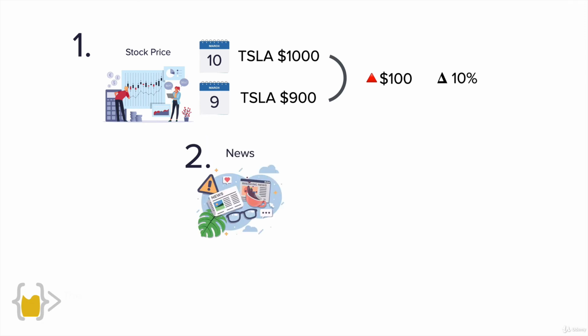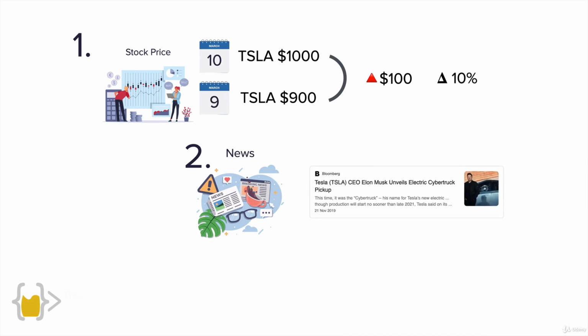So we're going to get our API to fetch us some relevant news. That way we can figure out what is the reason for this rise or fall. And it might just turn out, well, because Tesla launched a new product or because they've acquired a new factory, some sort of indicator that says, well, this company is going to do a lot better.